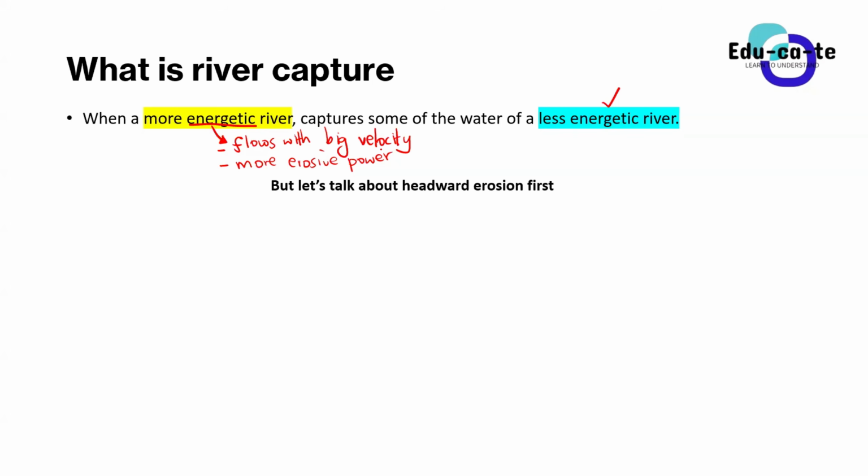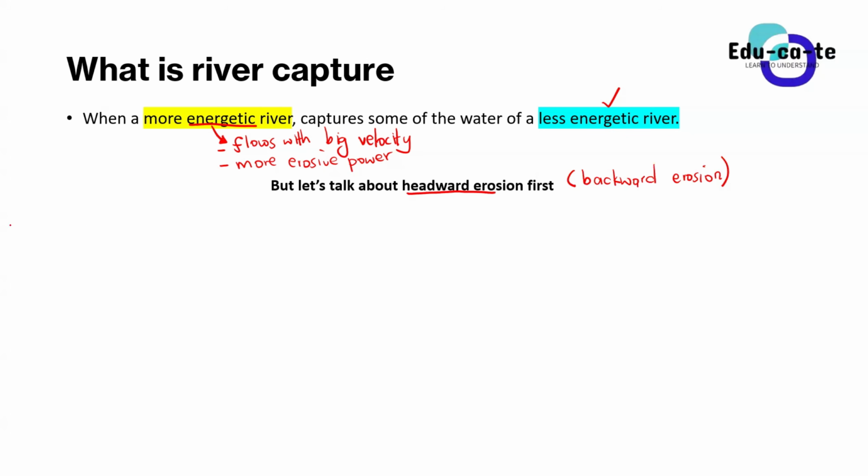capture concept. So whenever we're talking about headward erosion, the other term that you can use to refer to it is backward erosion. In a backward erosion, it means that the river is eroding opposite to its course, or eroding in the opposite direction to where it is flowing.